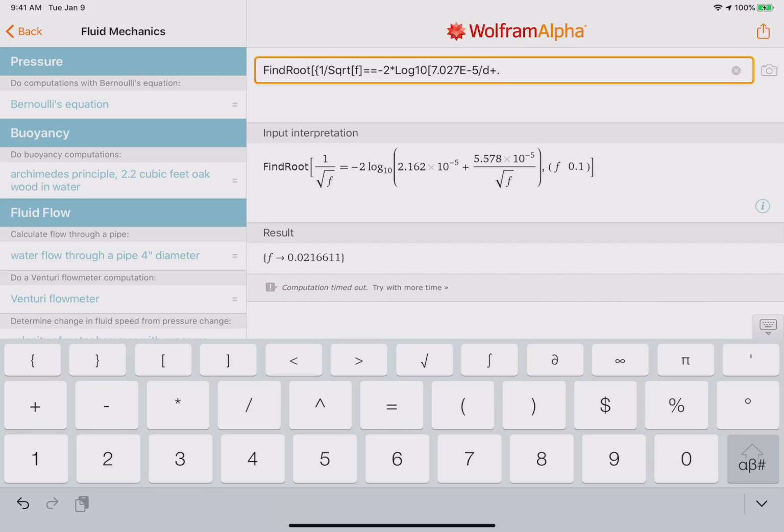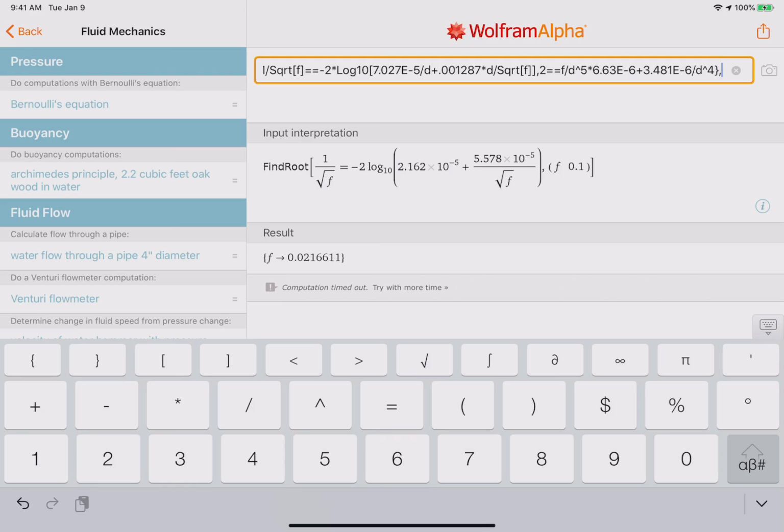Plus 0.001287 times d divided by the square root of f, close bracket for the log, and so that closes our log, so that's our first equation. Then we put in the second equation 2 equals f divided by d raised to the 5 times 6.63 e to the minus 6 plus 3.481 e to the minus 6 divided by d raised to the 4th power. And that's our second equation.